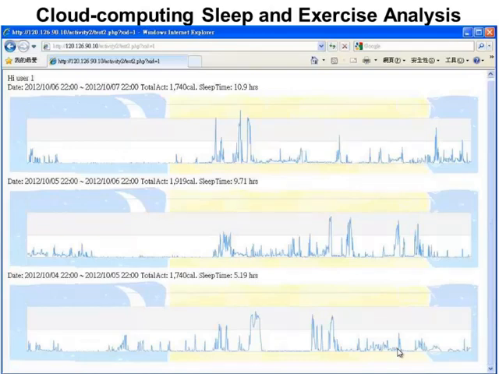So this is a real display. You use a web browser, and one user has used this system for 3 days. He entered this website, and the website displays the 3 days of data. This is the first day, the second day, the third day, and for each day, the calories of the day are displayed.